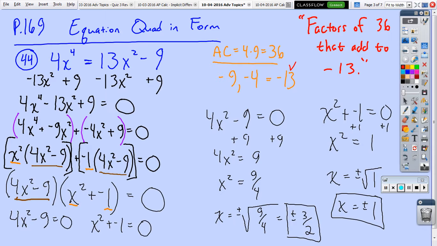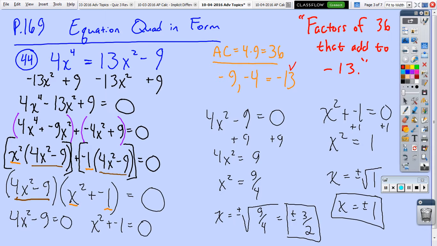Yes? Why for your answer do you get x equals plus or minus the square root of here? Yeah, that one, why do you do plus or minus? I'm doing plus or minus because if I say something squared is some positive value, then I know that there are 2 solutions.